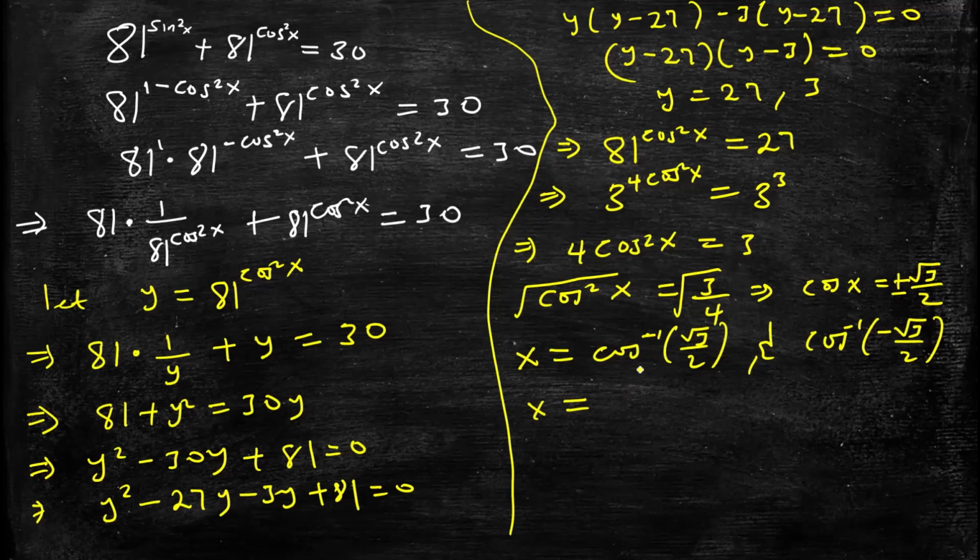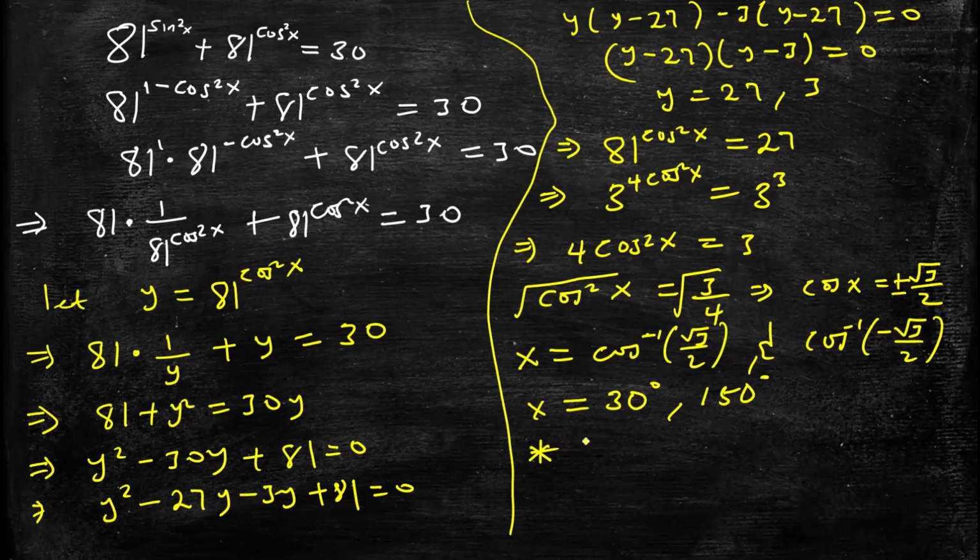Using the calculator, cos inverse of root 3 on 2 is 30 degrees. Then the negative part will be 150 degrees. Okay, so we are done with 27. Let's go to 3.